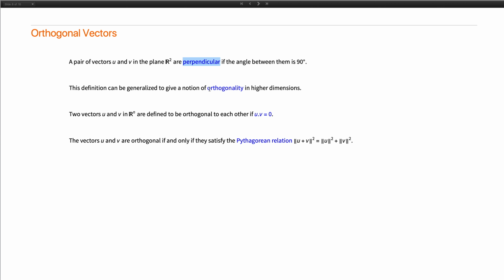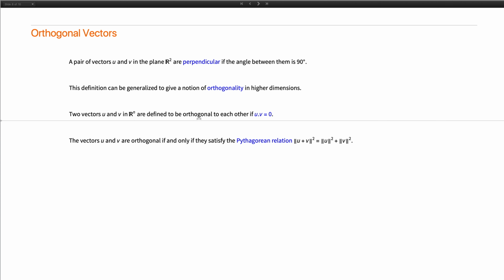This idea can be generalized to give you the notion of orthogonality. Ortho means right, so you want to talk about right angles in any number of dimensions, where you don't really have an idea of angle. So two vectors u and v in Rn are defined to be orthogonal if their inner product is 0. That's a nice simple condition for being right-angled in any dimension.